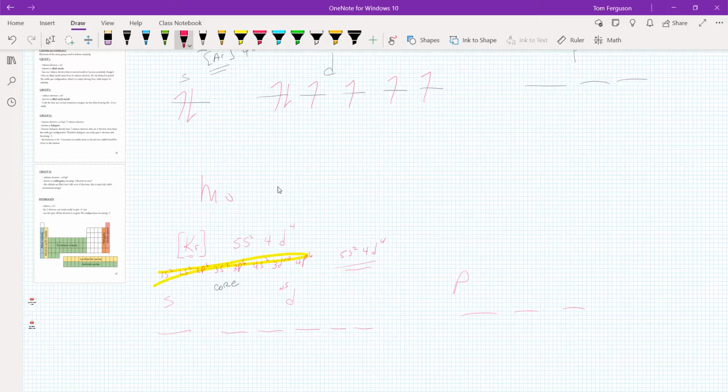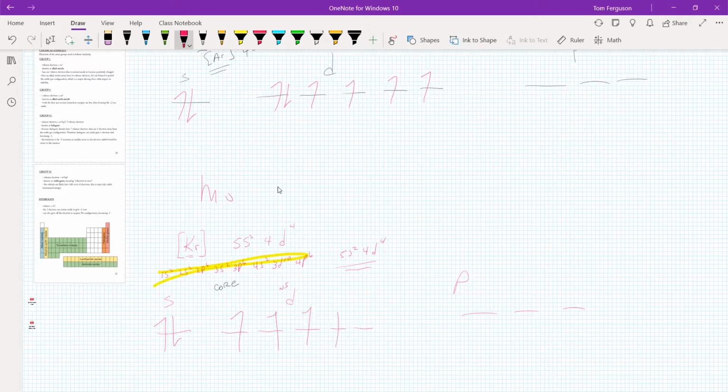But you can do the same deal for the core as well. They're just going to be totally full and very stable, so it's boring. We want to focus on the valence because that determines the chemistry of the element. Good question.